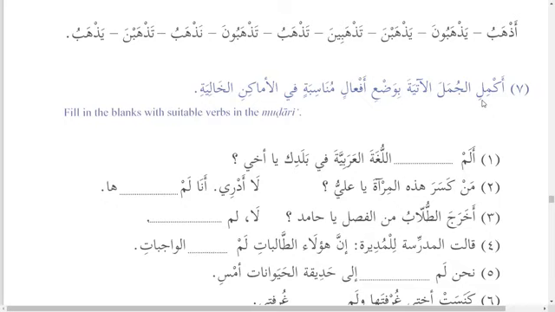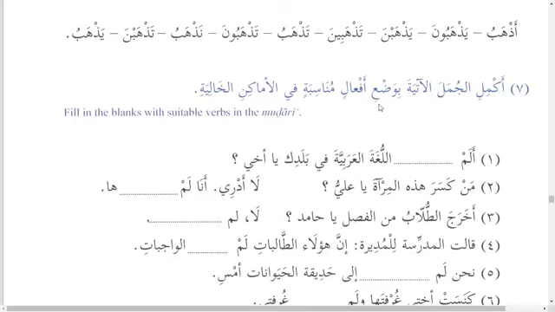Excellent. So akmil is fi'l al-amr, you complete. Akmil al-jumal al-atiyata. The sentences are mansub because akmil carries also the subject "you," so it has subject and verb both. Whenever there is fi'l al-amr, the noun that comes after it will be mansub. I'm sure you remember that.